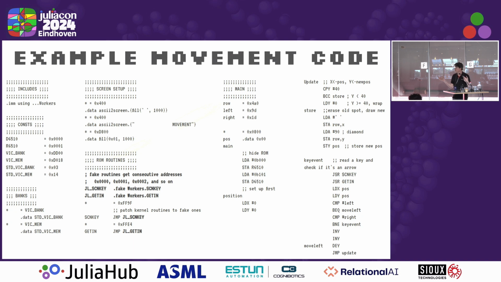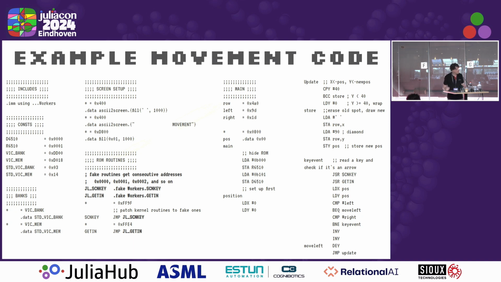So you can prototype your 6502 code in Julia, and then after it works and you've tested it, you can translate it into assembly, and then you can drive automated testing from Julia and verify the 6502 routines against your Julia functions if you want to, because you have full control over the emulator.